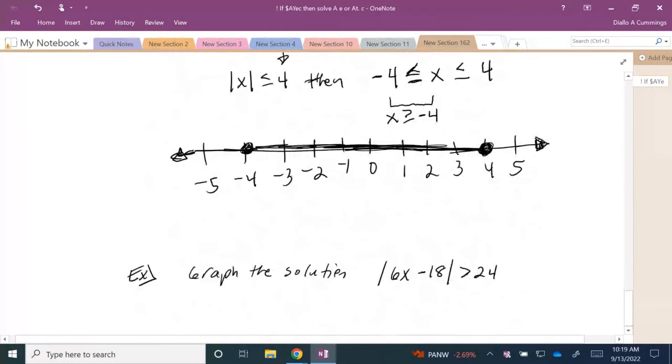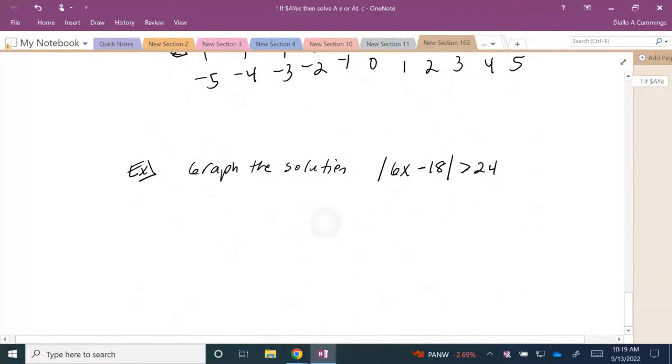I'm going to start off just by giving the formula.